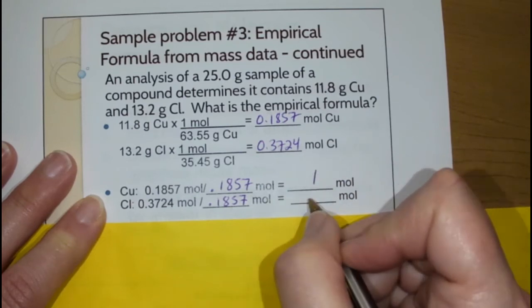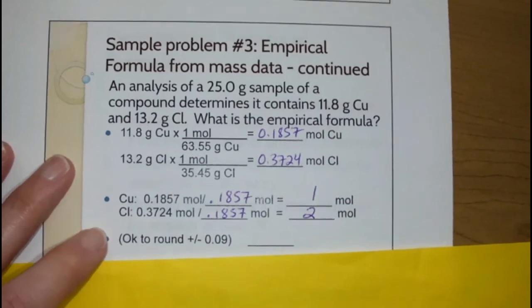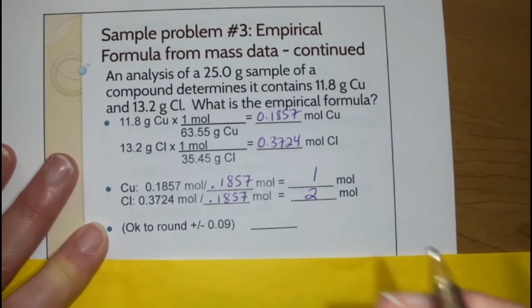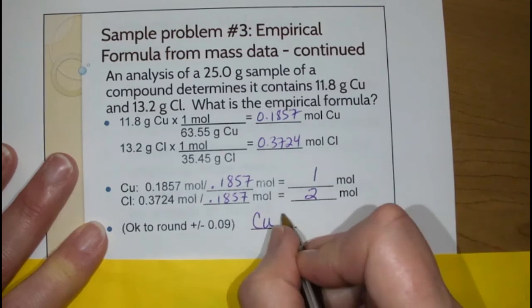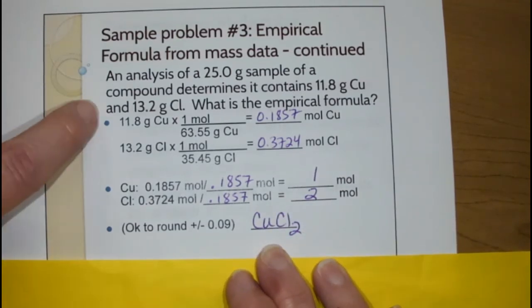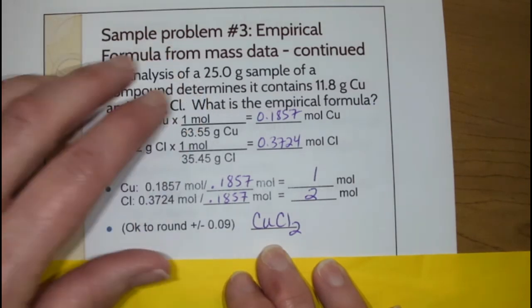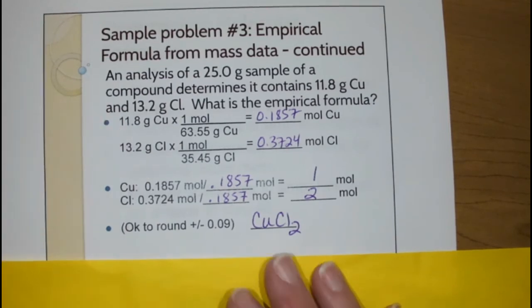This is going to give us a 1, and this is going to give us a 2. So therefore, our formula is going to be copper 1 and chlorine 2. So we can get to the same answer using the mass that was given to us. Same exact process, except it's not a percent that we change to grams. We just start right with the grams.